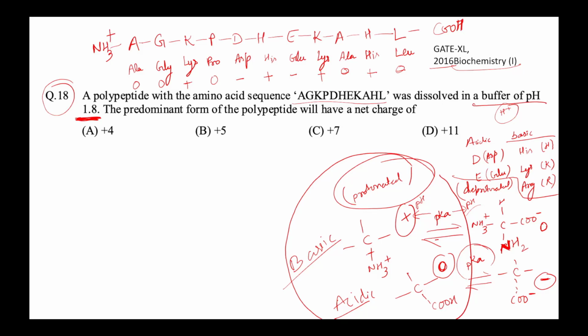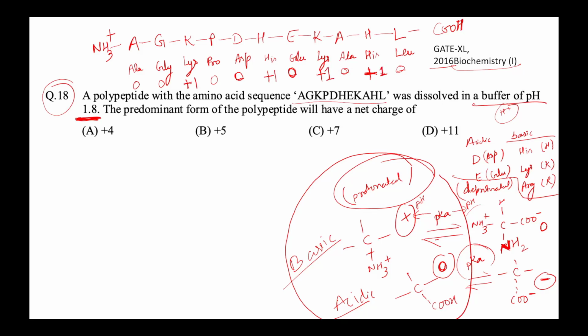So if we count like this, the two acidic amino acids will have neutral charge. All the positively charged amino acids will have a plus one charge each because of their side chain: plus one, plus one, plus one, and plus one.